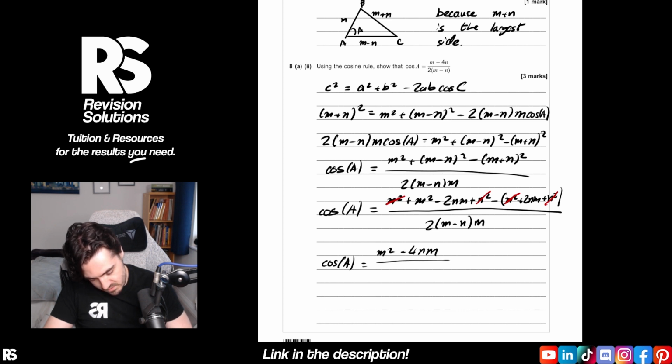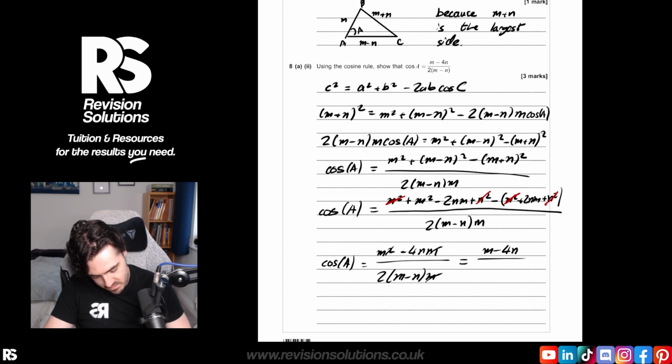And then that's all over 2 times m minus n times m still. But we can cancel off a factor of m from the top and bottom here, which does leave us with m minus 4n over two lots of m minus n, which was the desired result.